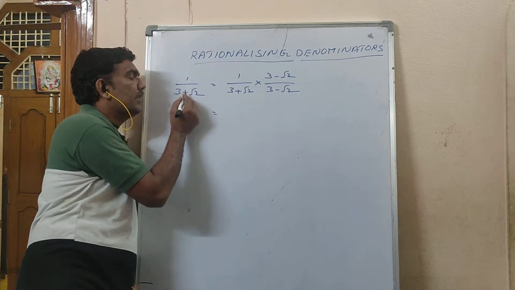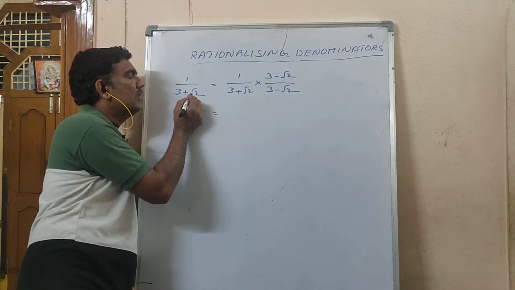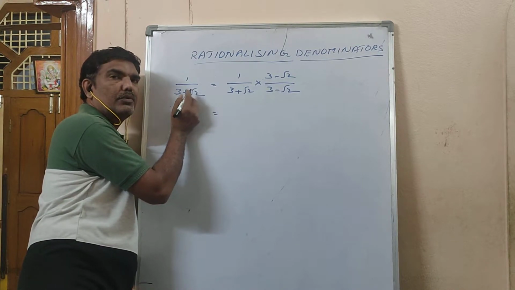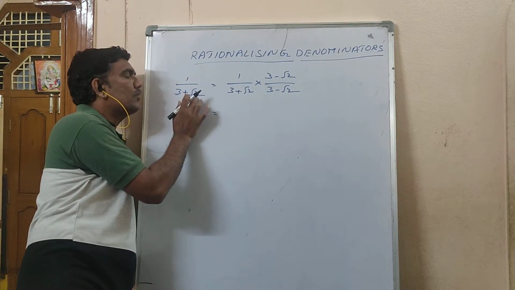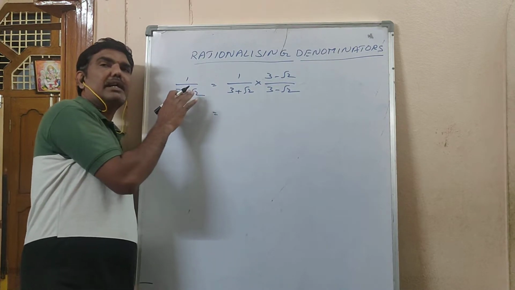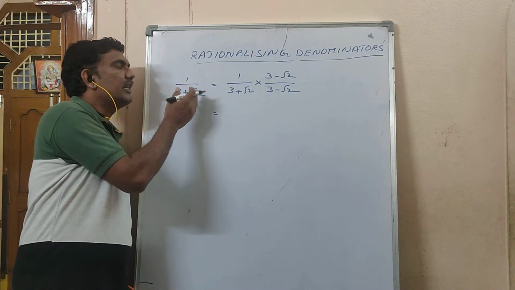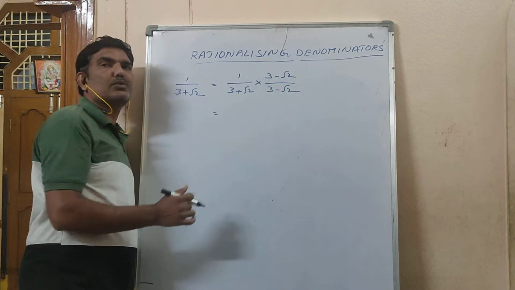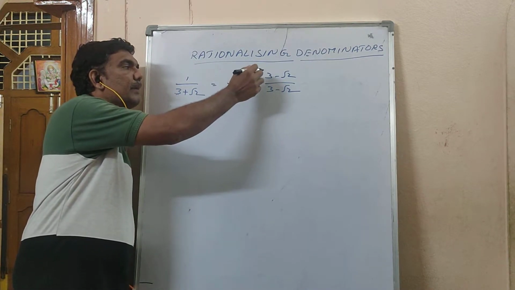Again I am saying, here it is a second order surd, which means the order of the surd is 2. If the order is 2, then only for a plus root b, the rationalizing factor is a minus root b. For 3 plus root 2, the rationalizing factor is 3 minus root 2. With its RF, you should multiply and divide.